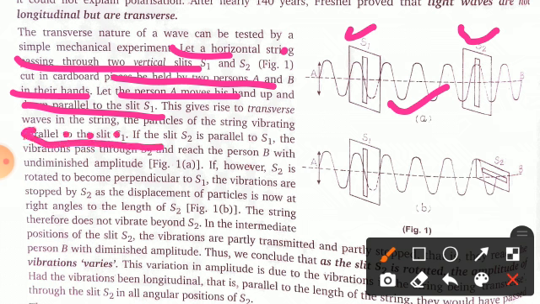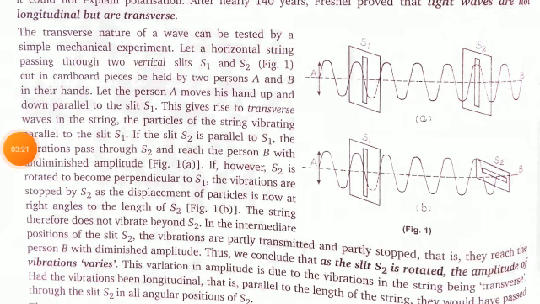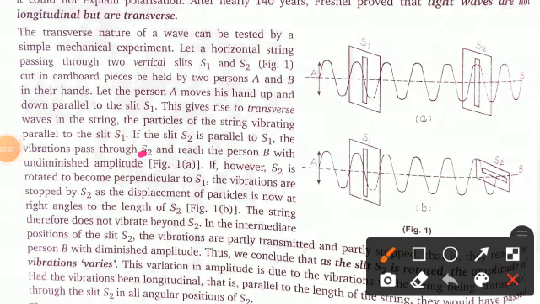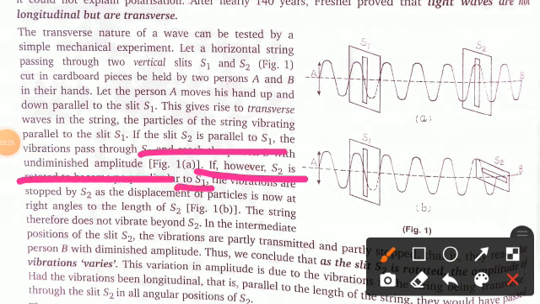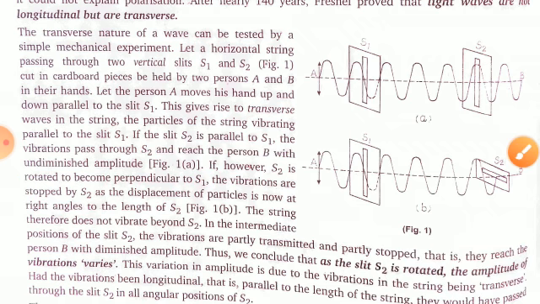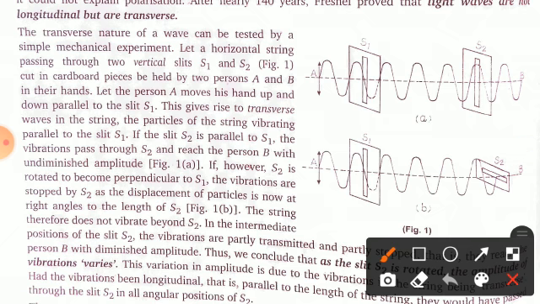If the slit S2 is parallel to S1, the vibration passes through S2 and reaches the person B with undiminished amplitude. If however S2 is rotated to become perpendicular to S1, the vibrations are stopped by S2 as the displacement of the particle is now at right angle to the length of S2. So the string does not vibrate beyond S2.